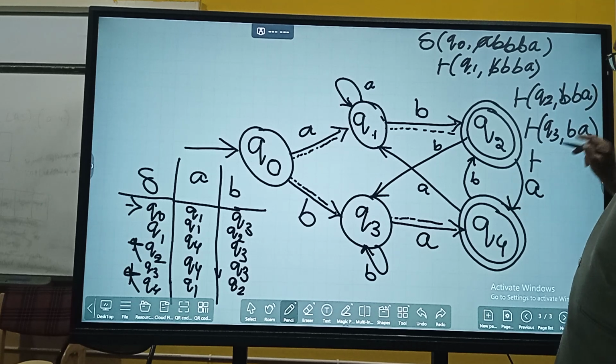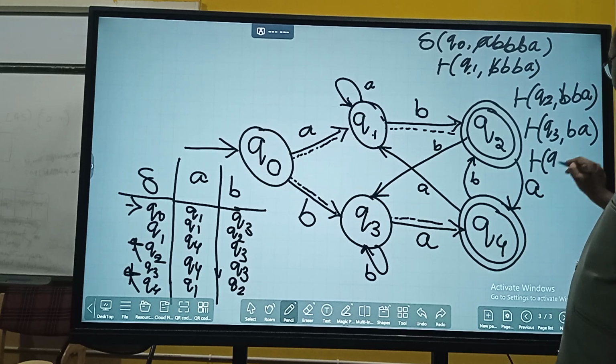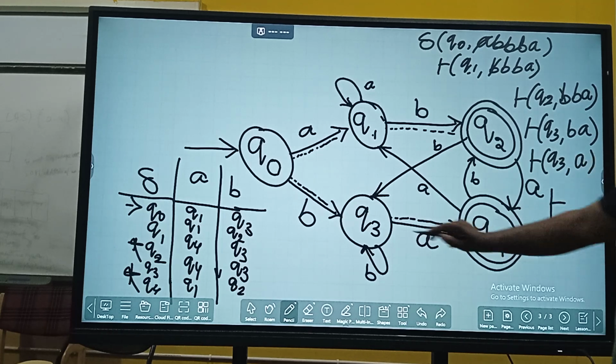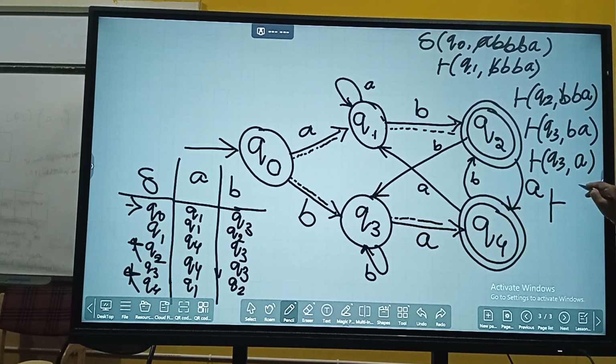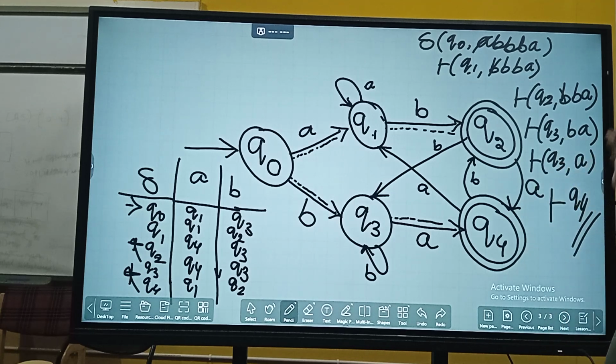Next, Q3 on B, where it is going? To Q3 itself, Q3 comma A. Next what I have? Q3 on A, where it is going? Q3 on A is going to Q4. So I finally ended up with the final state. Hence it is accepted. This is how you are going to prove the acceptance.